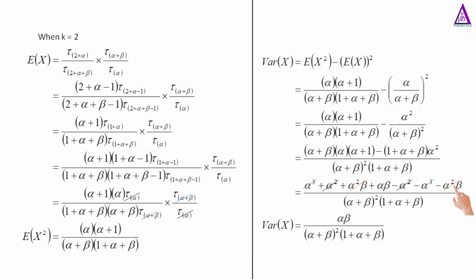And when we cancel the ones that can cancel each other, we are left with the variance of beta distribution, which is alpha beta divided by alpha plus beta all square into bracket 1 plus alpha plus beta, which is the variance of beta distribution.